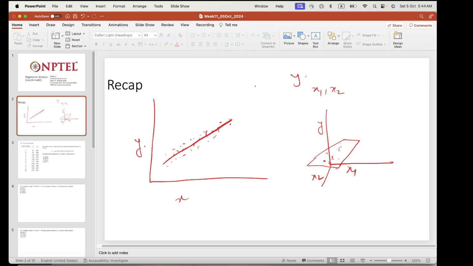Whatever we did, we had y equal to some beta naught plus beta 1 x1 to the power 1 plus beta 2 x2 to the power 1, and so on.